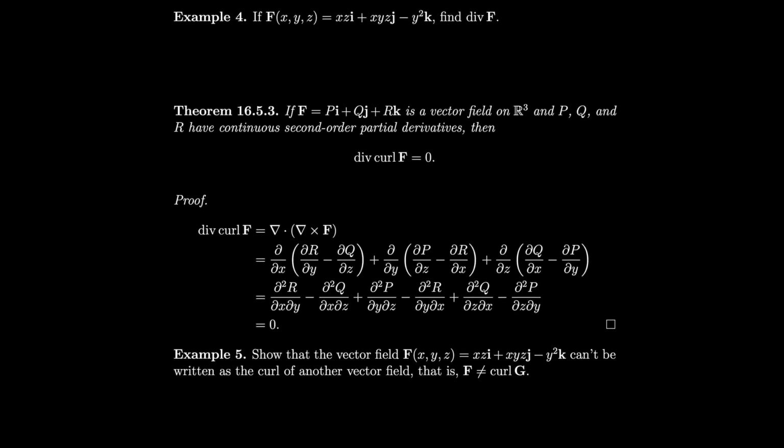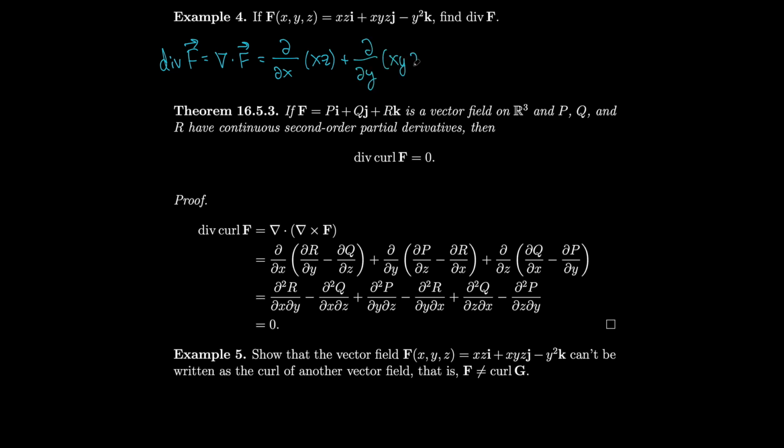So divergence is actually pretty easy to calculate. Let's do a quick example. In this case, we want the divergence of f, so that'll just be del dotted with f, where del is all our partial derivatives. So that's the partial with respect to x of the first component, and we'll add that to the partial of the next component with respect to y.